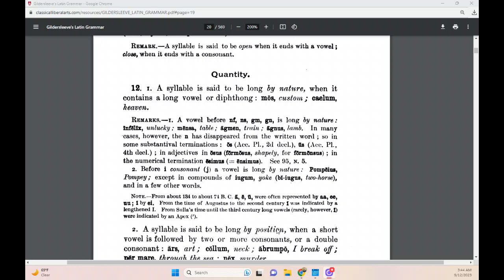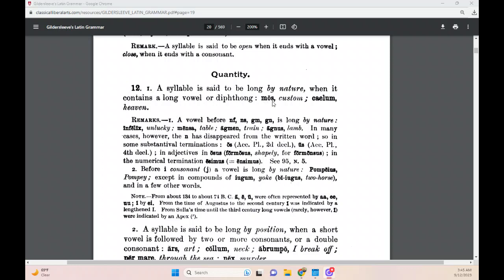So either by nature or by position. A syllable is said to be long by nature when that syllable contains a long vowel or a diphthong.